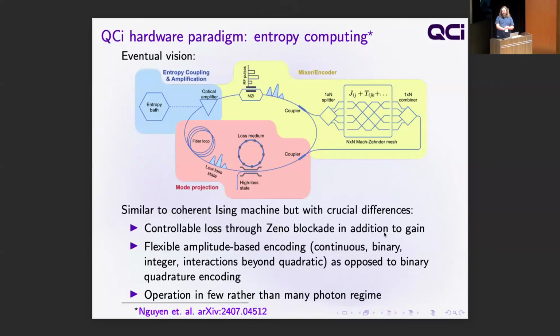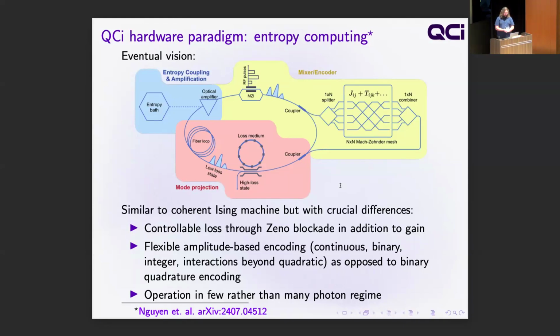So now I'm going to talk just a very little bit, because I have very little time, about QCI in general. Here's some theory that myself, Jesse, and Rose did to support some of the efforts on the hardware. There's a vision here to build optical hardware. This is what people eventually want to do, is to build a machine.